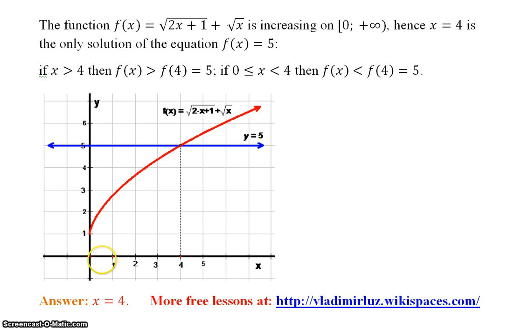And if x is between 0 and 4, then f of x would be less than f of 4, which is 5. Therefore, the value of 5 an increasing function can get only once. And because we know that it gets the value of 5 at point 4, 4 is the only solution of the given equation.